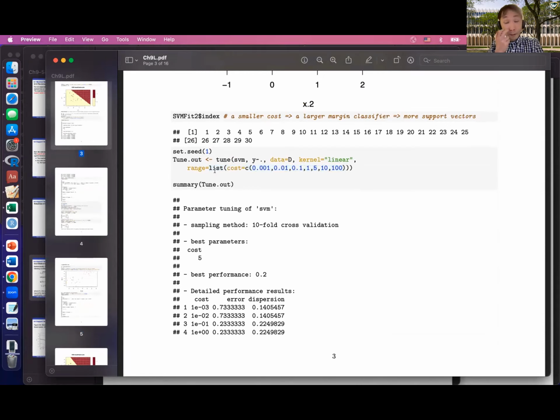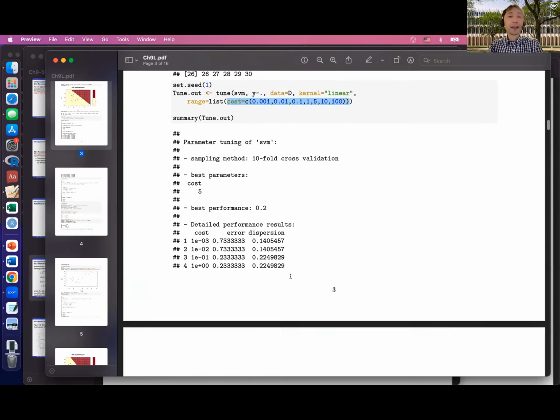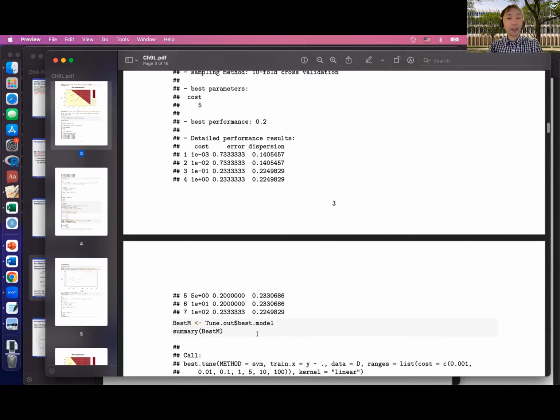If we want to include more parameters, you can just put a comma and, for example, coef0 equal to a list of numbers. Then it does a grid search. If we have 5 different costs and 3 different coef0 values, then we have 15 simulations here.